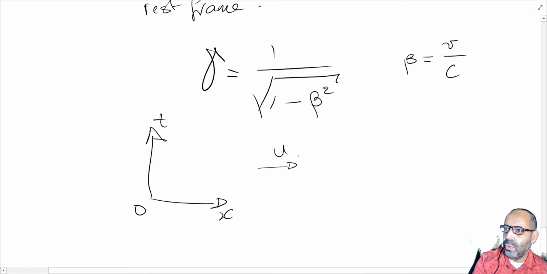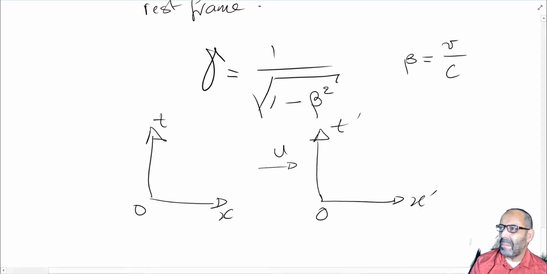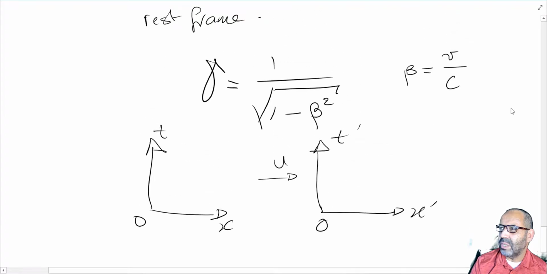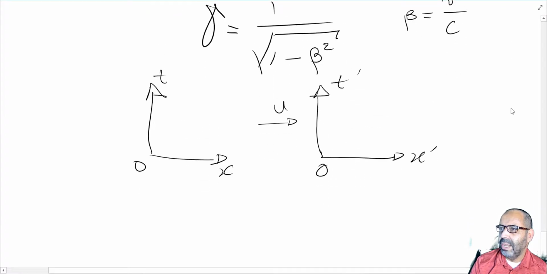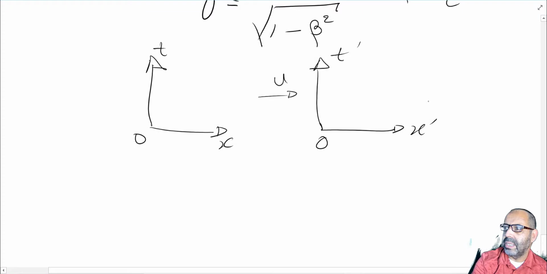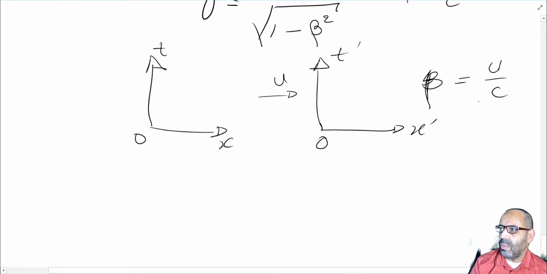I think it's probably better to use the letter u from now on, because at some point we're going to be talking, at least in this part, about the acceleration and so on and so forth. Typically when we talk about velocity, it is the velocity of the object itself, v. So in this notation, beta itself is just u over c.